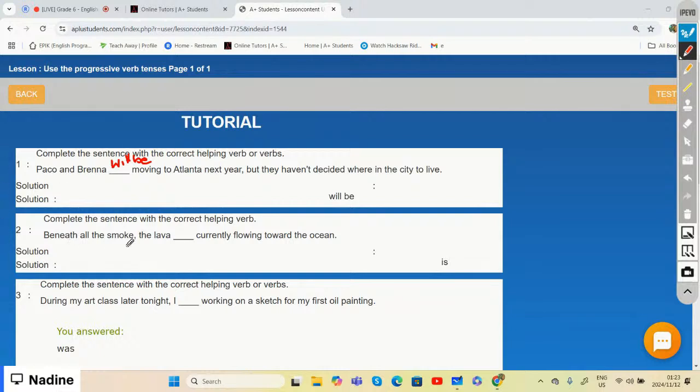It says beneath all the smoke, the lava currently flowing towards the ocean. Do we say it is currently flowing? Do we say it are currently flowing? Or do we say it am currently flowing to the ocean?